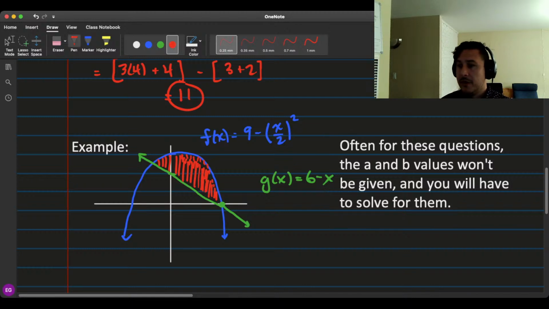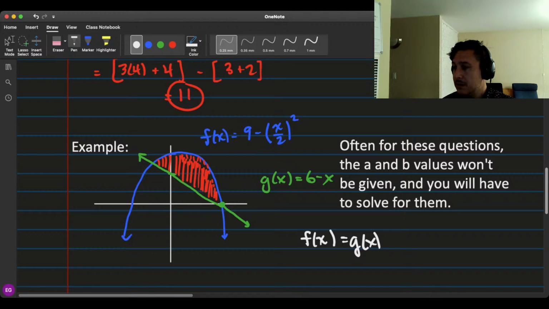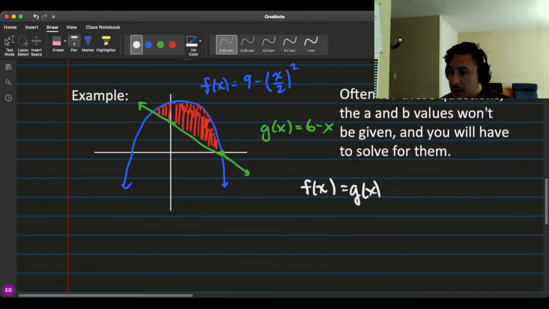Which is pretty straightforward. You just need to find the points of intersection. So you need to know when f of x equals g of x. Which is not too hard to solve.